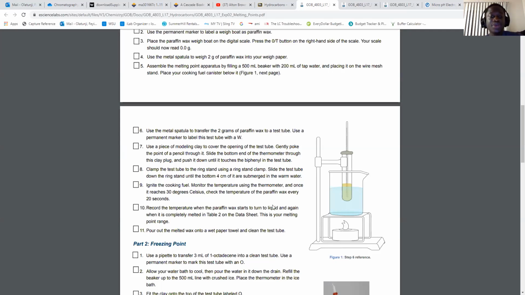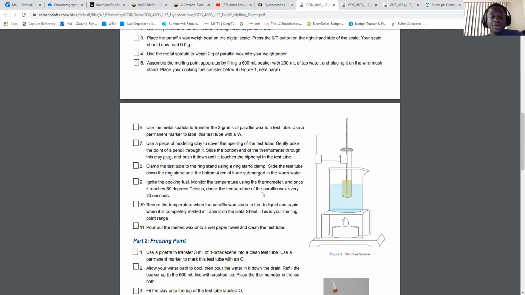At the end of the day, we expect you to report a range for your melting point. In your report, you shouldn't have results that just say 73 degrees centigrade or 45 degrees centigrade. Instead, it should say 42 degrees centigrade to 45 degrees centigrade. It should be a range.